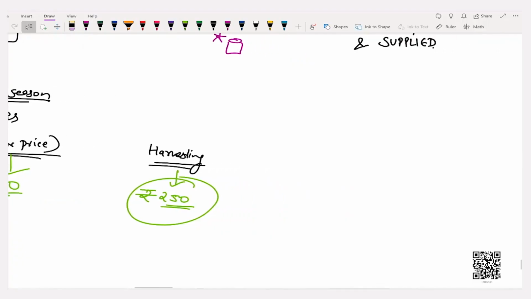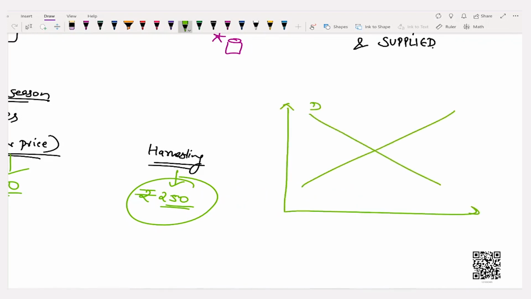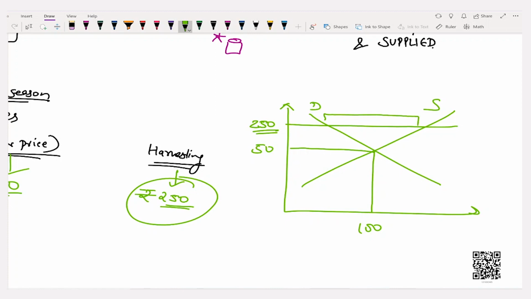So let's study this with an example. Let's suppose the price prevailing in the market was 50 rupees and the government sets the price at rupees 250. Now this would lead to excess supply of the product. So where will this excess supply of the farmers go?